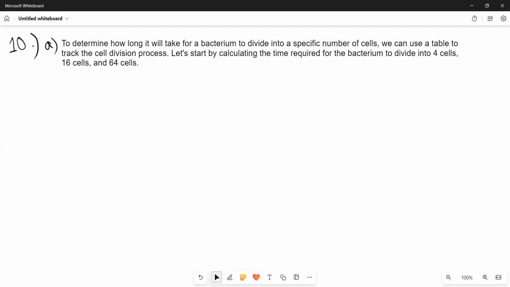Let us make a table where there will be two separate rows.